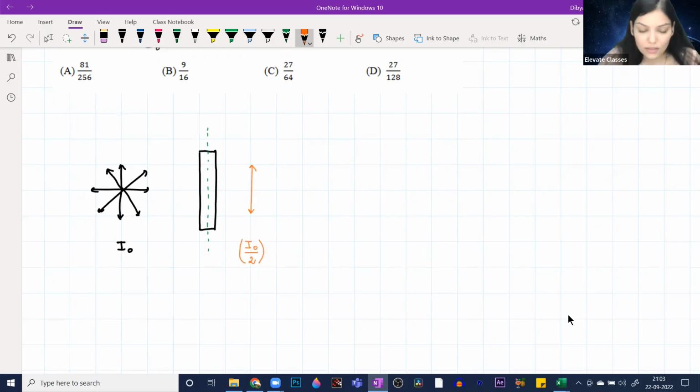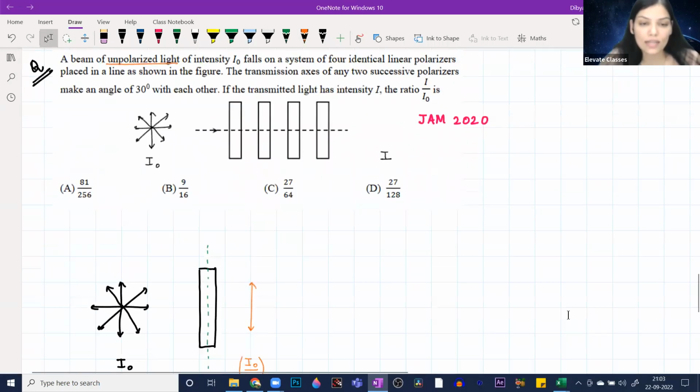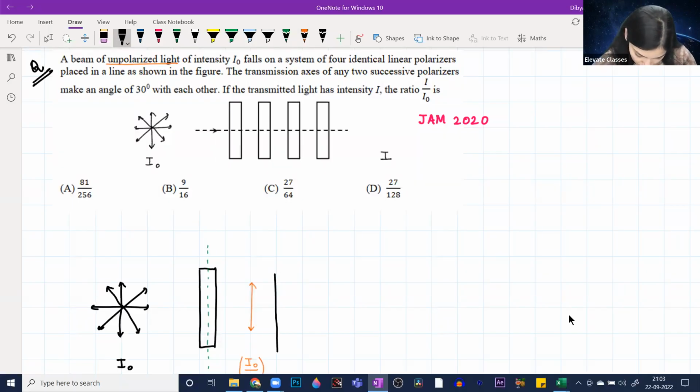So next क्या बोल रहे हैं? Question is saying that the transmission axis of any 2 successive polarizers make an angle of 30 degree with respect to each other. So now if I choose my second polarizer, एक second polarizer मैं यहाँ पे डाल रही हूँ अब, तो इस polarizer का जो पास एक्सिस है वो पुराने polarizer के रिस्पेक्ट में 30 डिग्री रोटेट हो चुका है. तो अब जो मेरा पास एक्सिस है वो कुछ ये है, ठीक है. So that this angle is 30 degree. ठीक है.